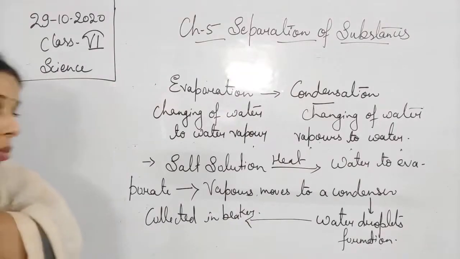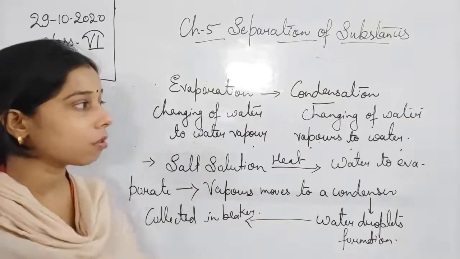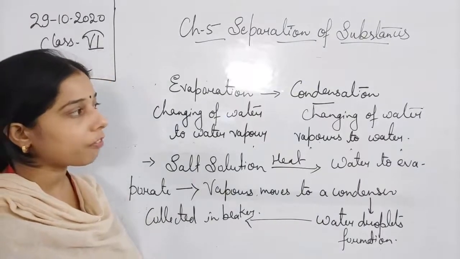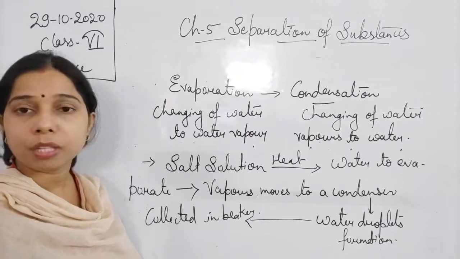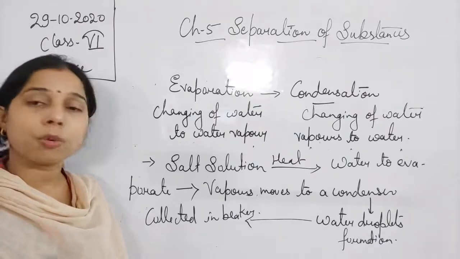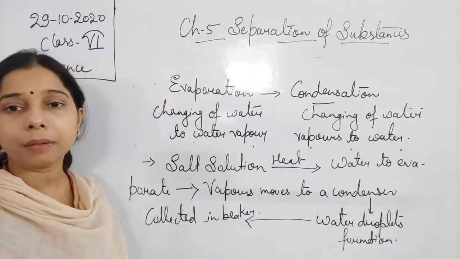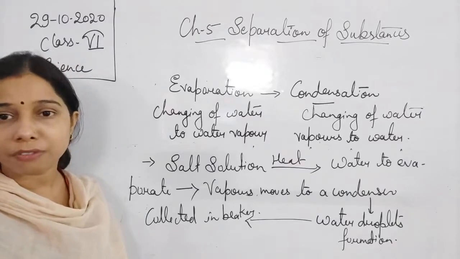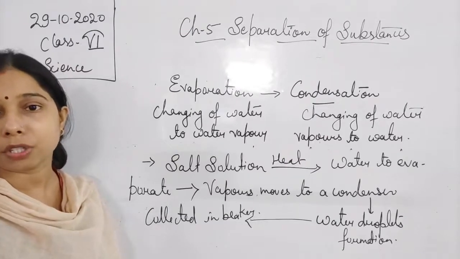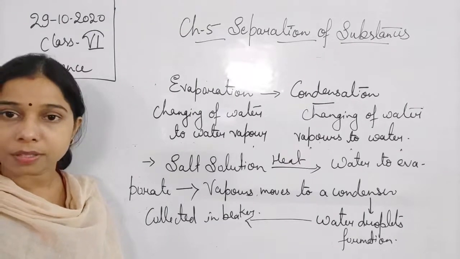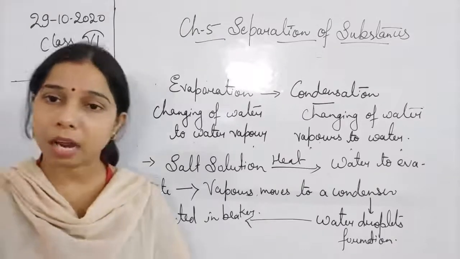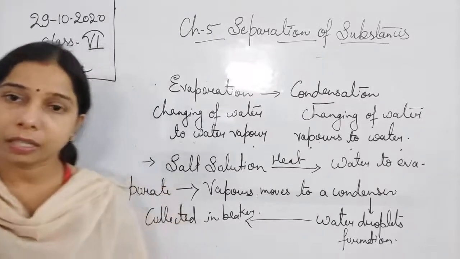Okay, you see students, in the condensation process, I have given you an example: if we take a hot pan in which the water is boiling, and you keep it in cold water, after some time you will see that the vapors present in it get converted into water droplets. So ultimately, evaporation and condensation occur in the process of distillation.